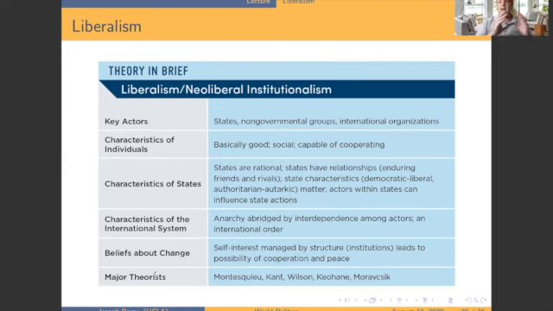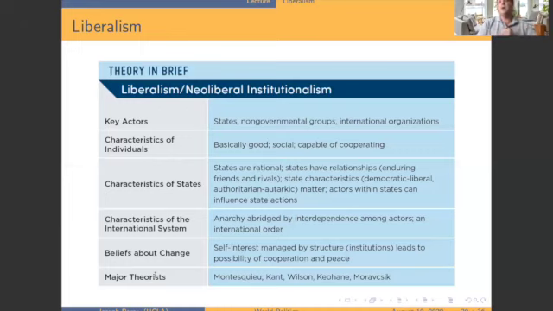Liberalism is a diverse set of theories that highlight the impact of internal characteristics and their role on the international system. We don't have time to give liberalism the full attention that it deserves. You could take an entire course on liberal IR theory. However, we are restricted to a portion of this lecture.